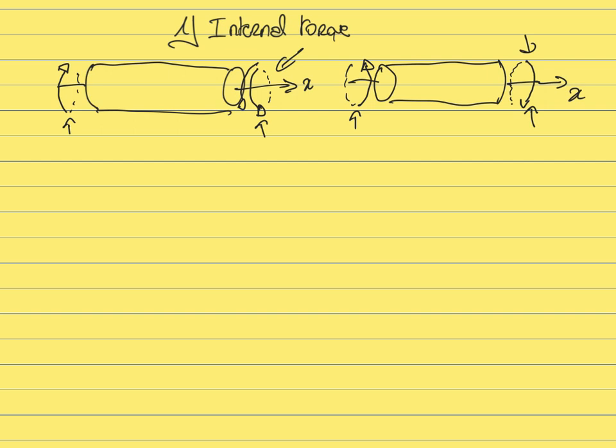So again, to avoid any ambiguities, I suggest you also follow this convention of drawing in dashed line the part of the torque that is below the piece of paper, and then in solid line the torque that goes above the piece of paper.